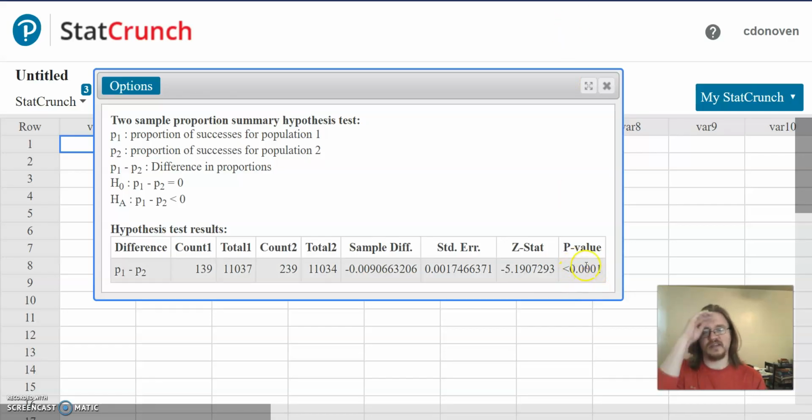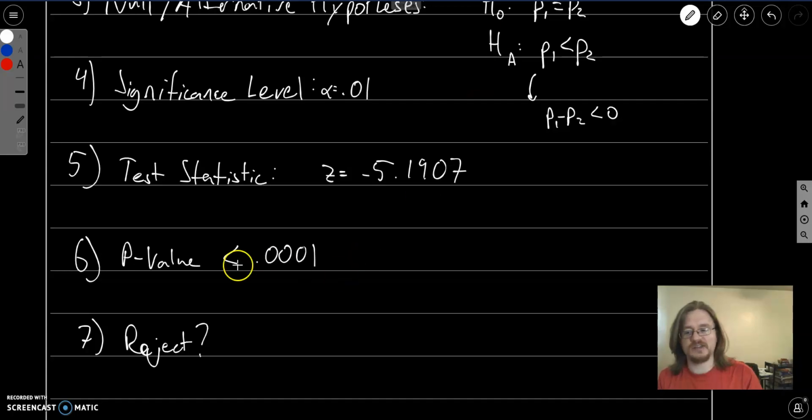It's so small that all it's telling us is that it's too small to round to four digits. It's going to be less than 0.0001. So that's pretty small. So our p-value is a lot smaller than our significance level, so we can reject the null hypothesis.